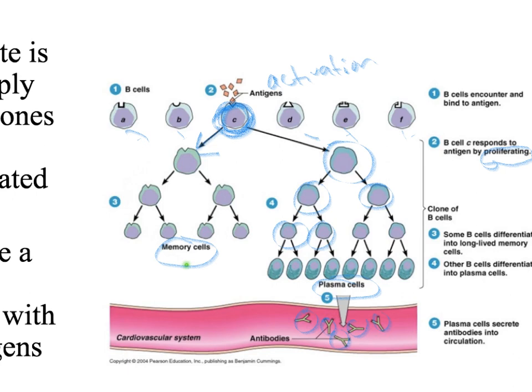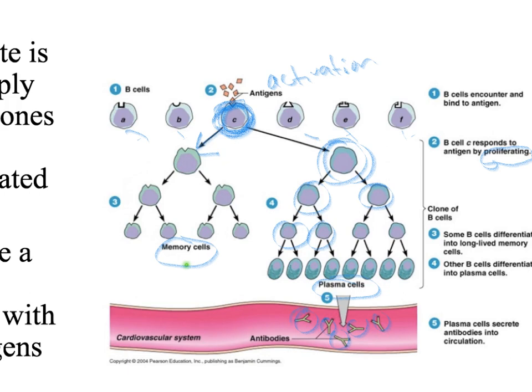You have selected out only one particular lymphocyte that's very specific to the antigen that's currently in your body. And so you're able then to focus your efforts and your energy and your resources on producing only the type of antibody that is needed right now.